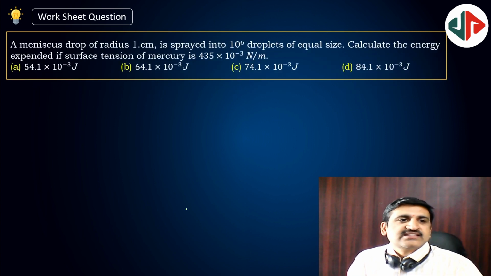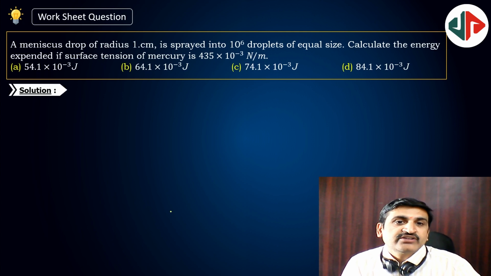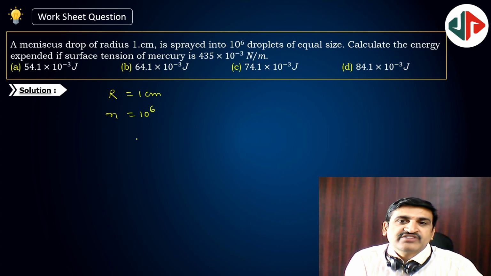Next, a typical question. A meniscus drop of liquid 1 centimeter is sprayed into 10 to the power of 6 droplets. Capital R is equal to 1 centimeter and the spread N is equal to 10 to the power of 6 droplets of equal size. Calculate the energy expended if surface tension T is equal to 435 into 10 to the power of minus 3 Newton per meter.